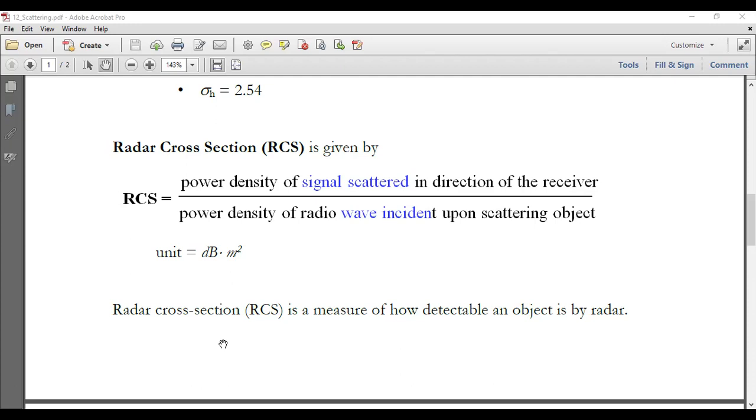And more importantly, they have a shape which can deflect the energy in different directions or disperse it. So from reception you are confused. You don't receive good energy from any point.